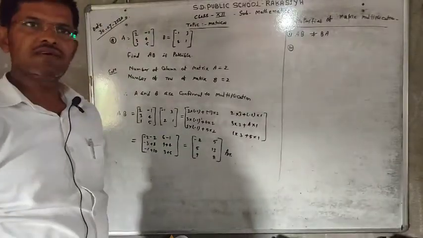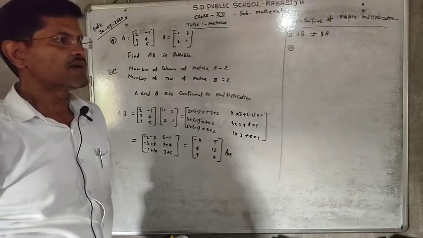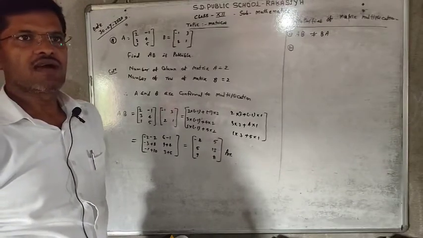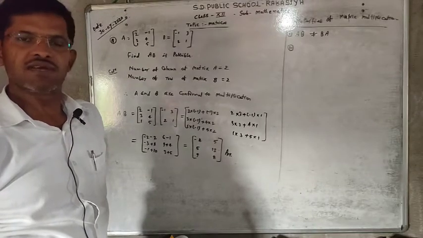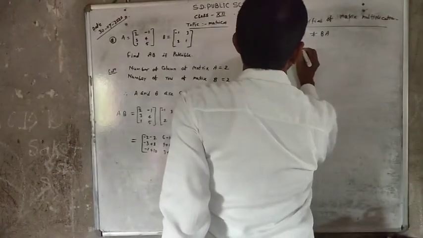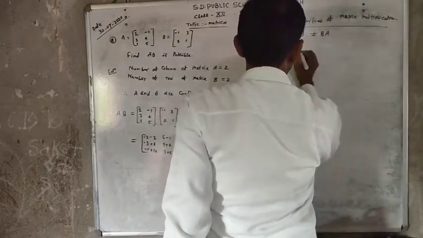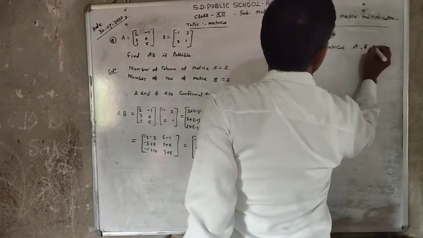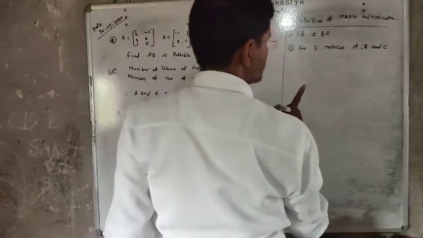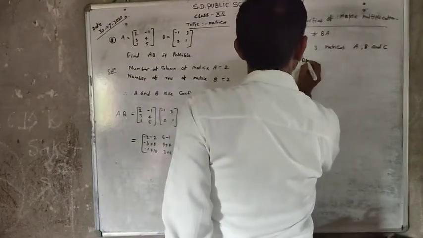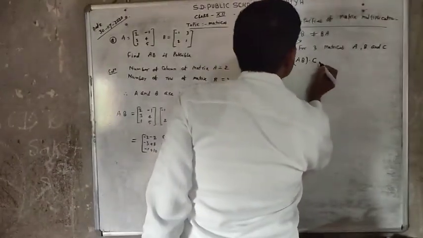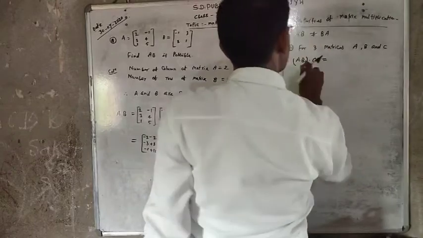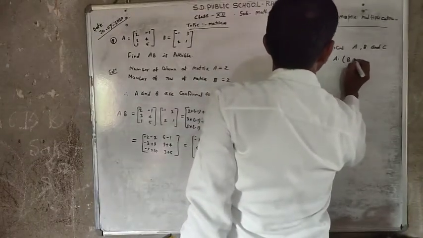If three matrices A, B, and C are given such that the product A into B can exist, meaning AB is conformable to multiplication, and AB is also conformable to multiplication with C, then A is also conformable to multiplication with BC.